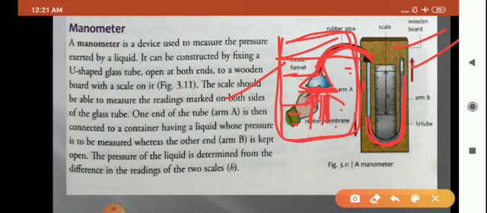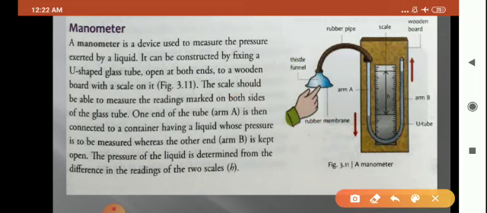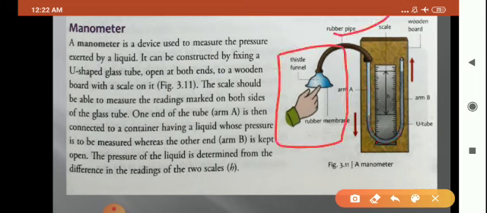And due to that pressure, the liquid which is contained, a separate liquid, just like in your thermometer mercury is there, in the same way in the U-shaped manometer a particular liquid is there in this tube. So as soon as we dip this thistle funnel in the liquid whose pressure we need to determine, due to the pressure exerted by the liquid, a pressure difference will be created.